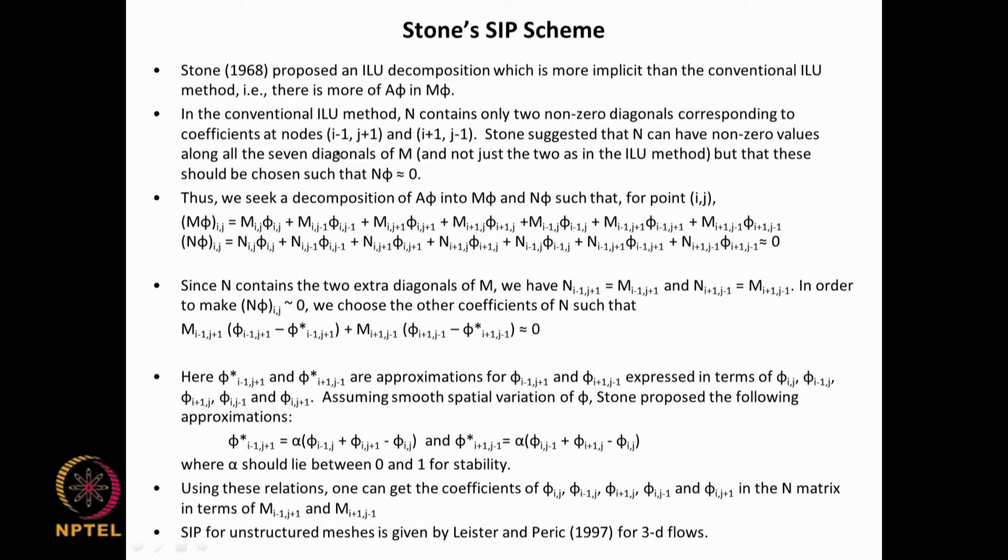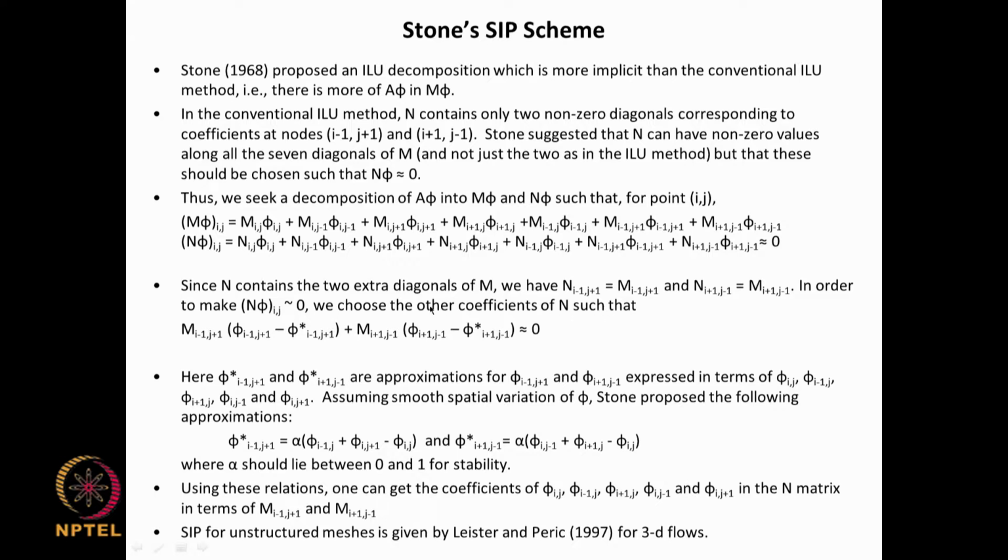So the effect of these should be such that they cancel out the effect of the other diagonals which are there in this. So if you were to choose the coefficients here, okay, of the M and N in such a way that this can happen, then since M is equal to A minus N, and if N phi is close to 0, then we can have M close to A. So that is the idea here.